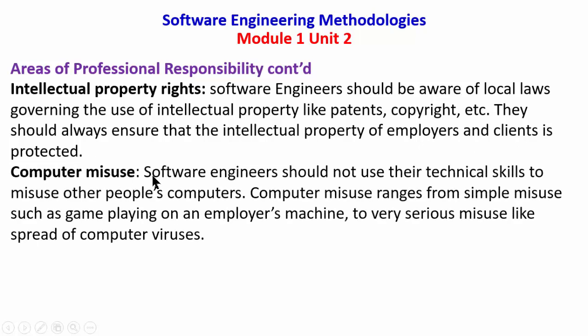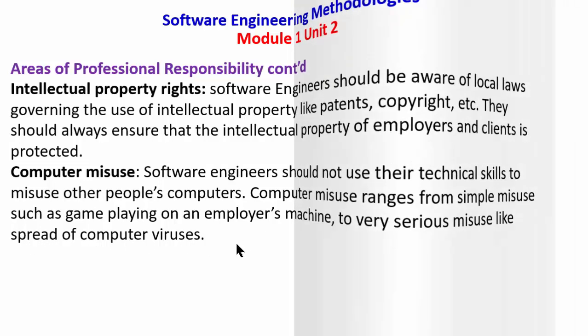Computer misuse. Software engineers should not use their technical skills to misuse other people's computers. Computer misuse ranges from simple misuse such as game playing on an employer's machine to very serious misuse like spread of computer viruses.